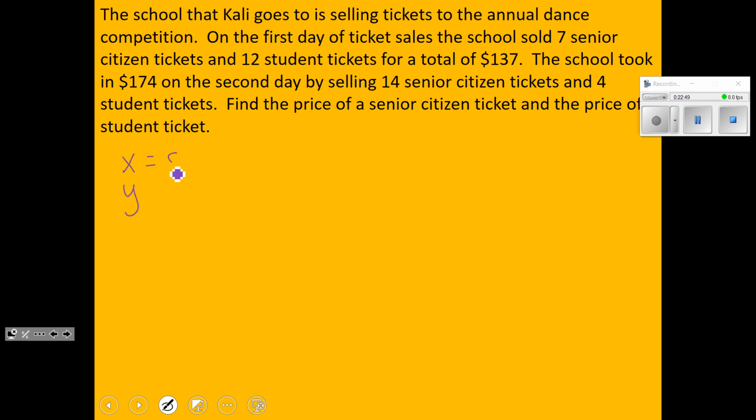X is going to be my senior citizen tickets. And Y is going to be my student tickets. So, on the first day, we sold 7 senior citizen tickets and 12 student tickets for a total of $137. So how would I write that in an equation?